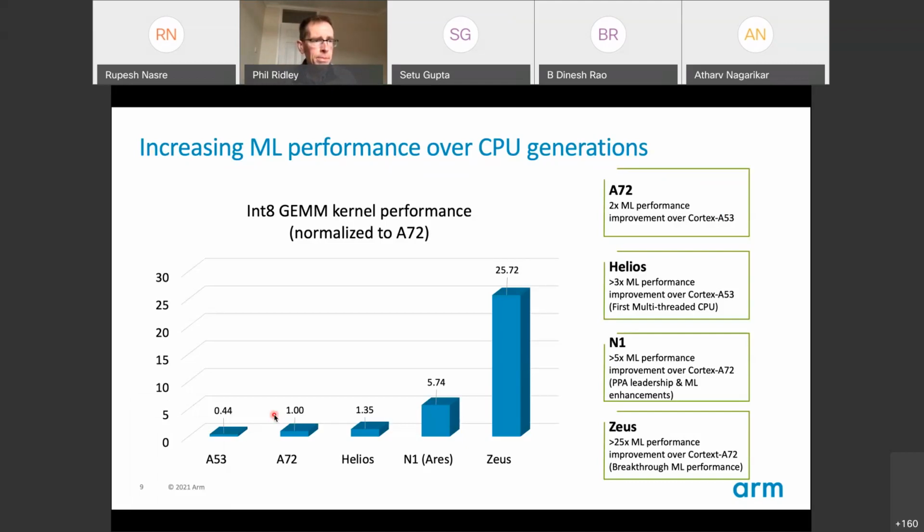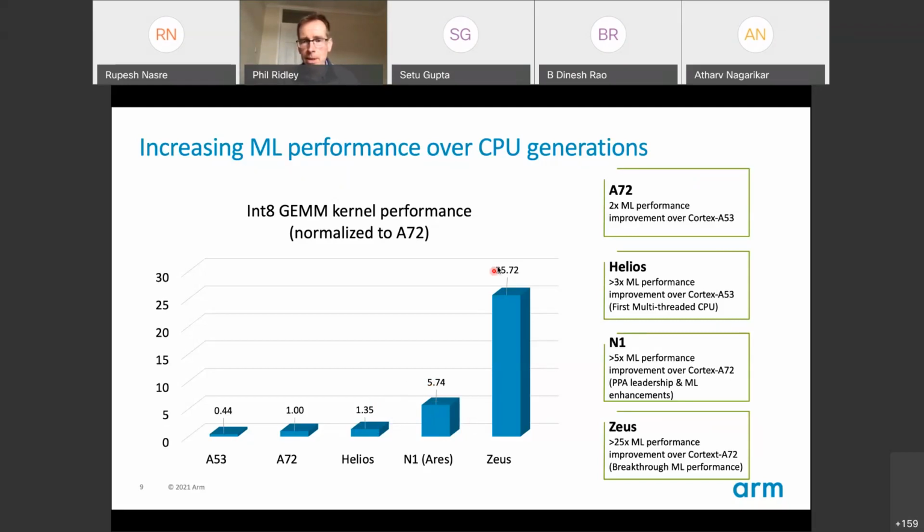For example, more recently, the Neoverse N1 included support for half precision. Because that CPU design could support half precision, there was a big performance increase going from the Cortex A53 to N1, because obviously a lot of ML applications can take advantage of the lower precision aspect. So that gave a big boost.